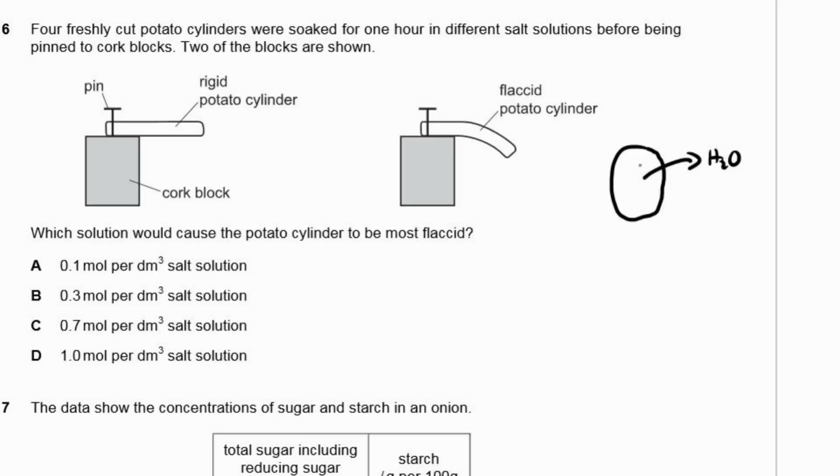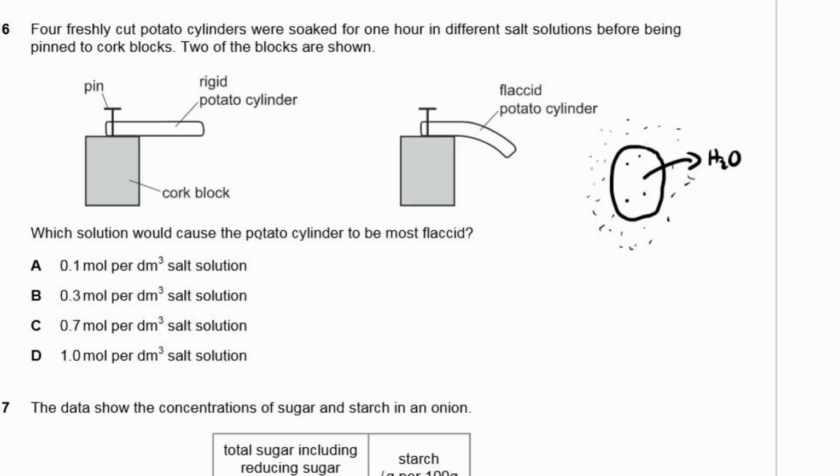That means that there has to be more water inside the cell than outside, which means there has to be more salts, if we're talking about salts, outside of the cell than there are inside. Salts, sugars, and that sort of thing. Okay, so it has to have a low water potential out and a high water potential in.